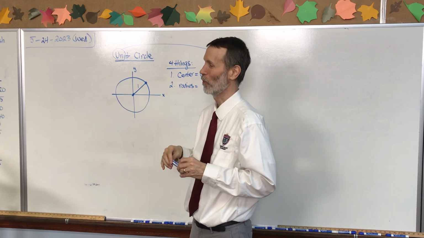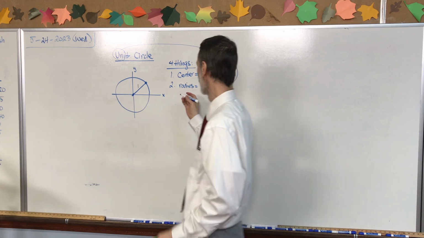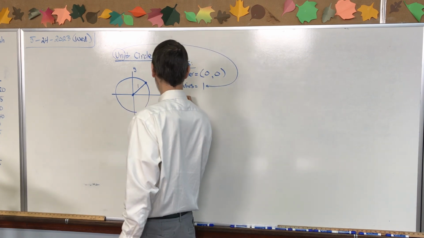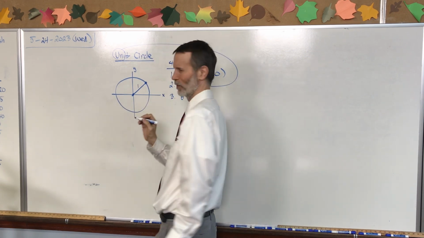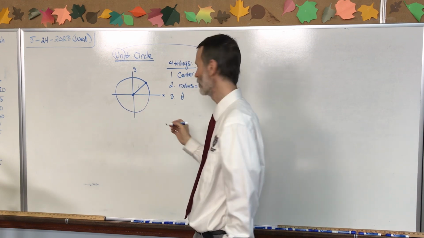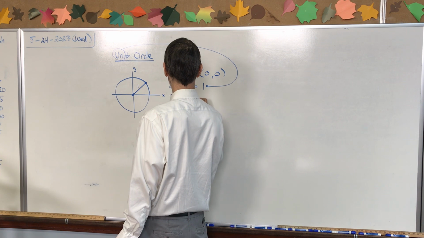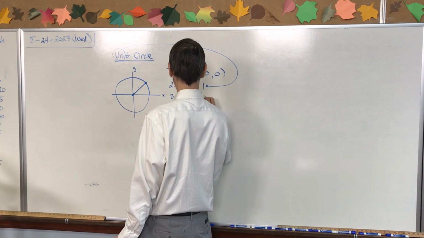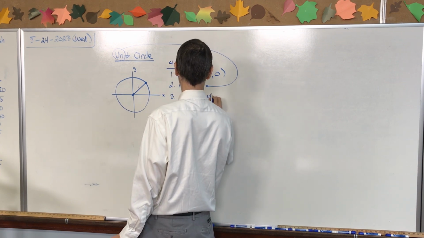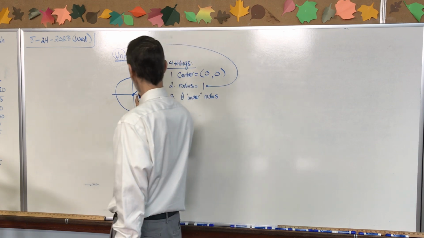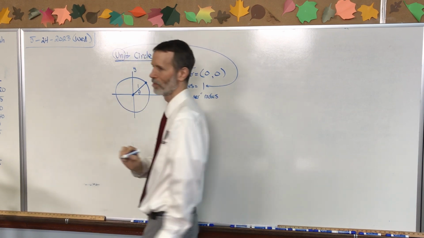It's actually quite useful. The third thing we need is theta, which stands for what? Angle. So theta, the angle, I'm going to put that in quotes, goes under the radius. Which means you put it here.